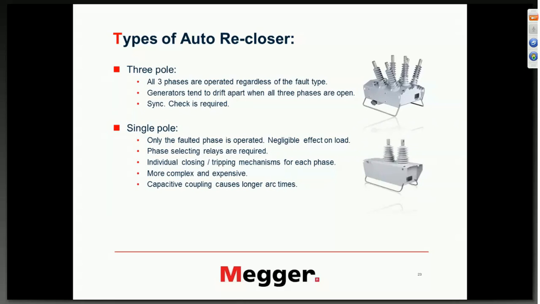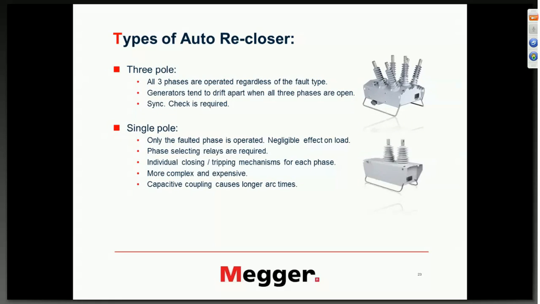Whenever there is a fault, all the three phases are going to be opened regardless of the fault type. So what happens when you open all the three phases at the same time? There's a fair chance that the generators might get that sudden release of load, and then generators tend to drift apart a little bit when all the phases open.